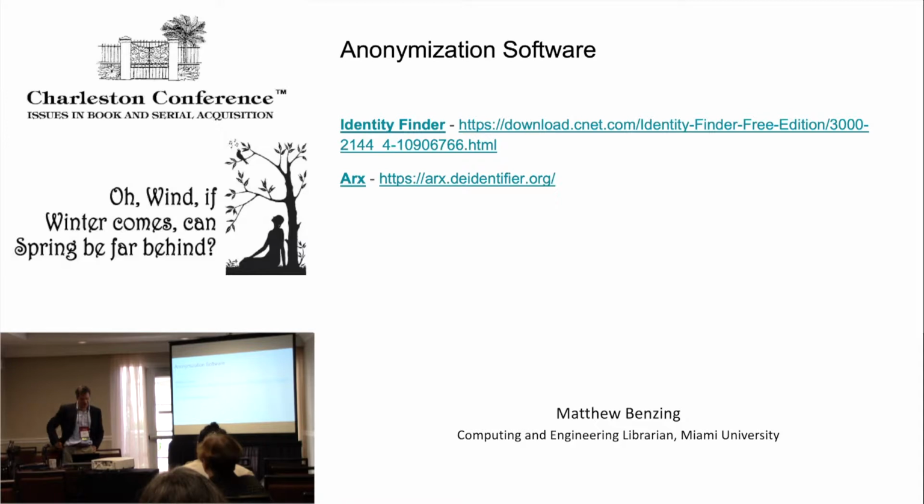ARCS is a little more sophisticated. It looks for indirect identifiers, and it will run through a set of files and tell you if there are indirect identifiers and what the percentage of the risk is that someone could be identified by different combinations of them. Like I said, it's pretty sophisticated.